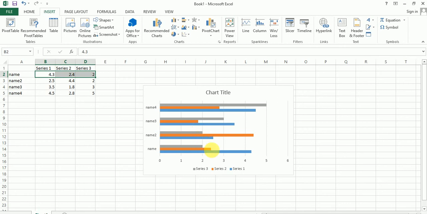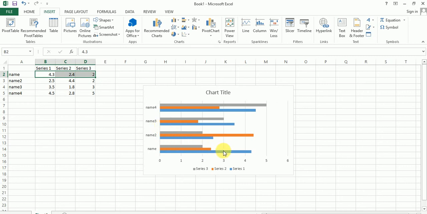So when you type any value in your MS Excel, then insert a chart and show the chart in vertical. This one, 4.3, 2.4, 2 is the horizontal axis, and the horizontal axis in the chart is shown as the vertical axis.